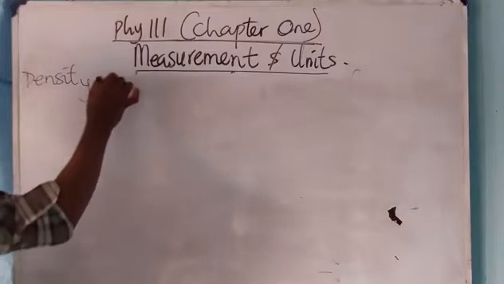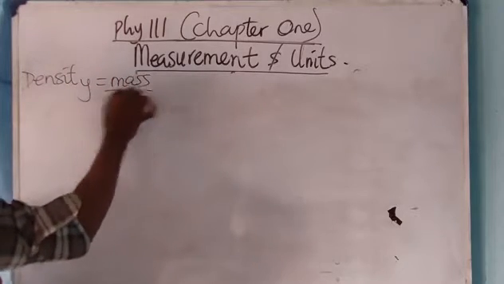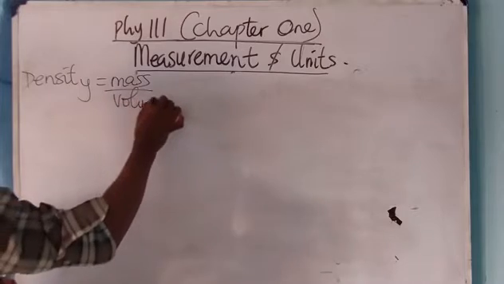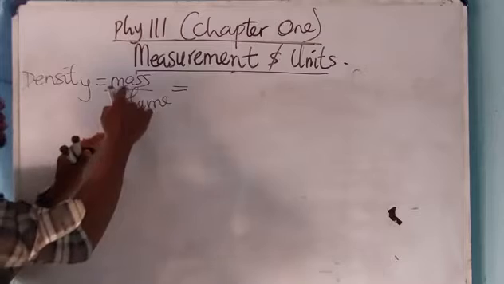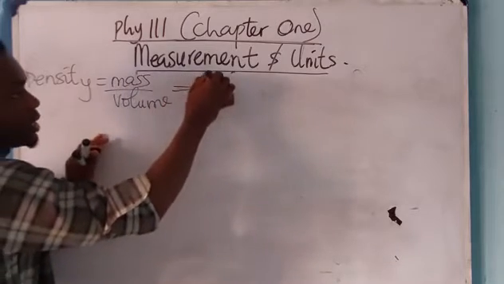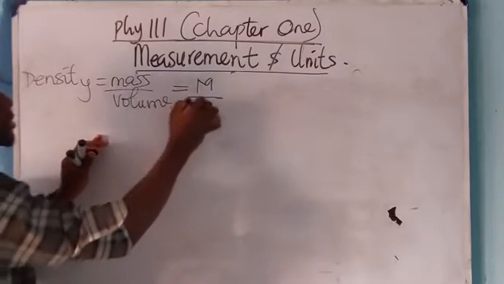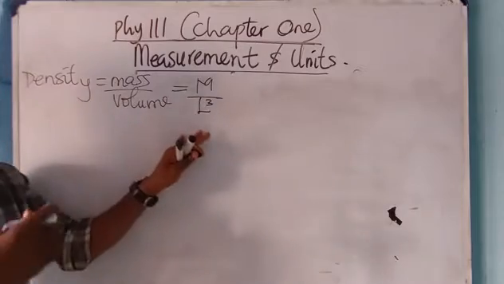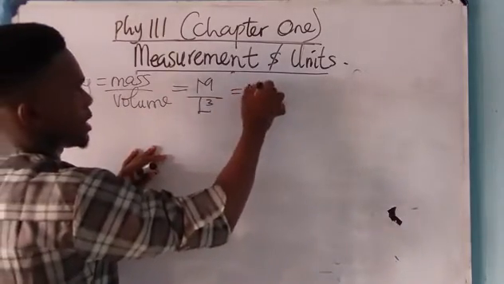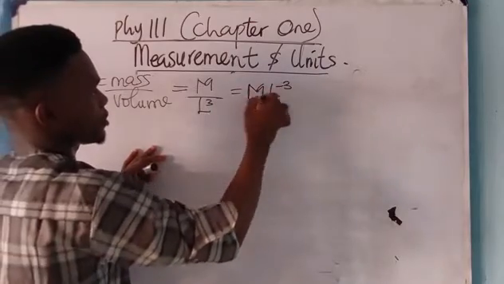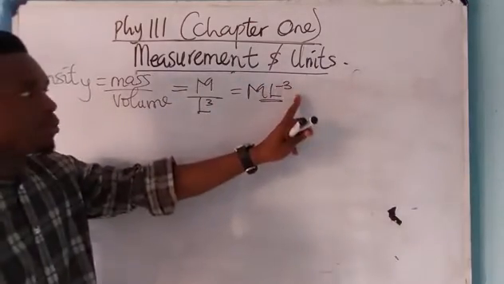Density is mass over volume. I told you that in dimension we don't write kg. We make use of a big letter M. Then volume is L cube, which is length times length times length. It therefore means ML raised to minus 3, because it has gone up.